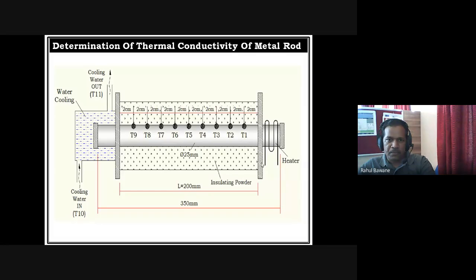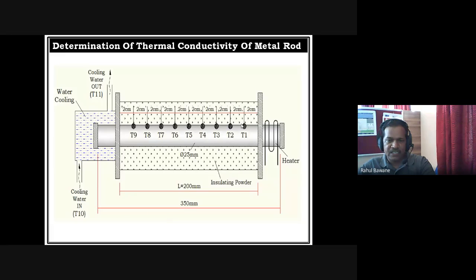Then this copper rod is covered with thermal insulation in a cylindrical box kind of container, and this container test length is 200 mm. So whatever thermocouples we mounted on the rod are within this 200 mm.